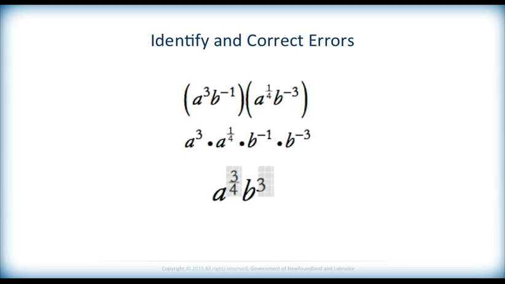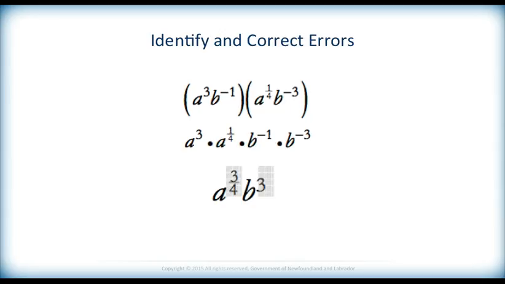We will use the exponent law, product of powers. When you have the same base and you multiply, you add. Similar again, b to the exponent of -1 and b to the exponent of -3. Those bases are being multiplied, therefore you have to add your exponents. So far, in step 1 after the question, there are no mistakes. All they did was group together their common bases and multiply.